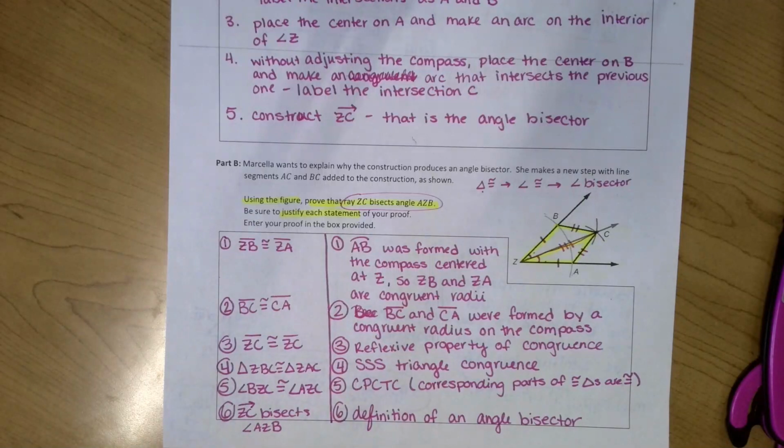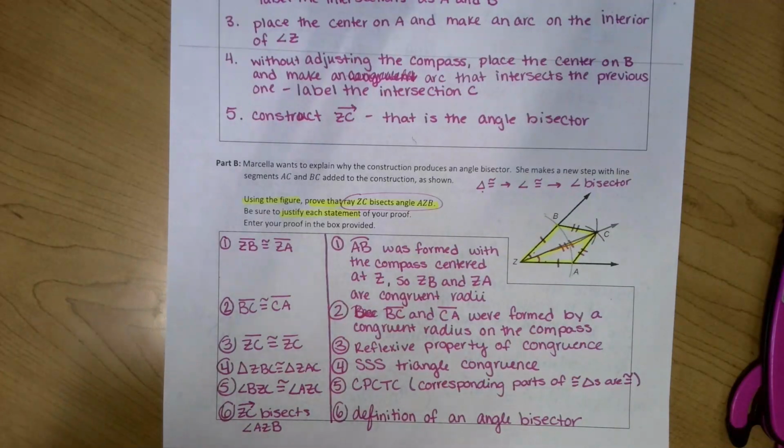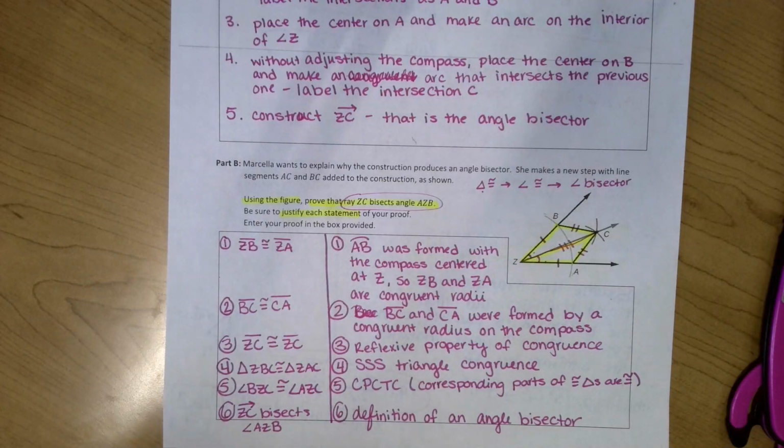And I know you know CPCTC. A lot of this you know. I would just look through some of your reasonings. If you still have the Unit 1 postulates, they are still on the course calendar if you need to take a look at those.